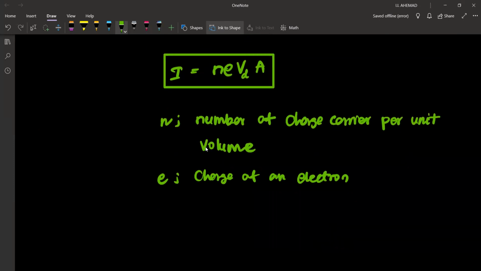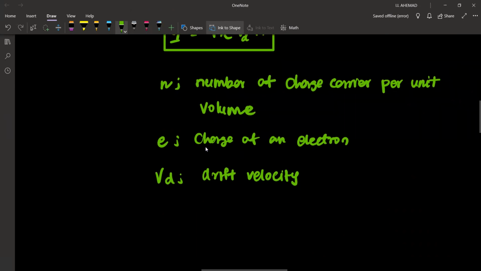And then we have Vd, that's the drift velocity. A is the cross-sectional area.